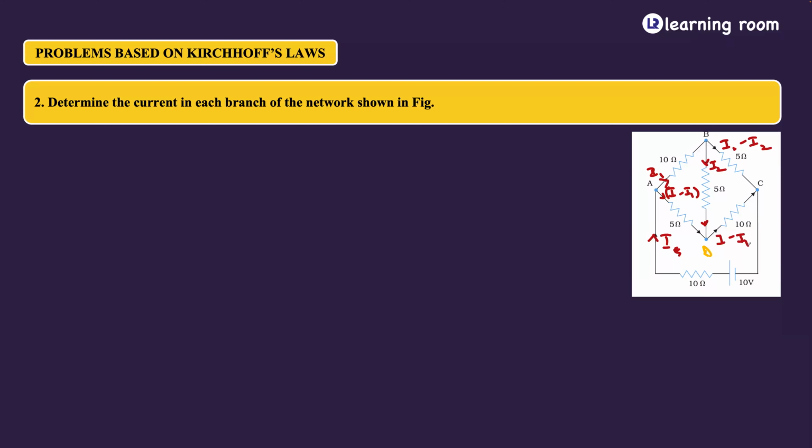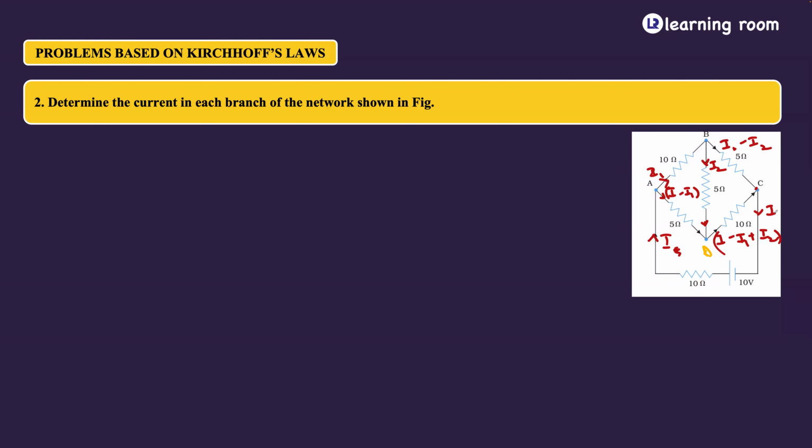I minus I1 plus I2. Okay. So I1 minus I2 is coming here, and I minus I1 plus I2 is coming here. What gets cancelled? I1 and I1 are gone, I2 and I2 are gone. So the current will be I.